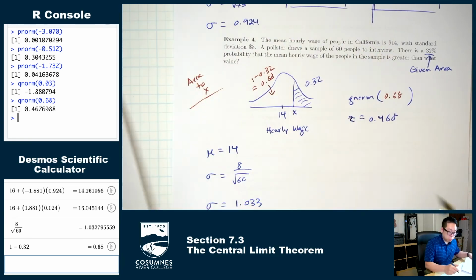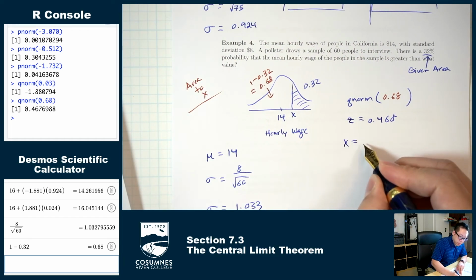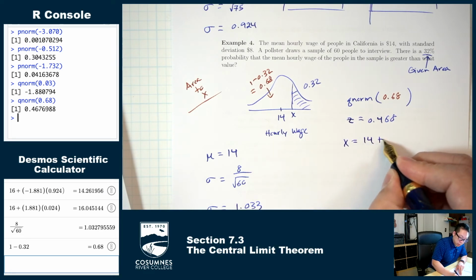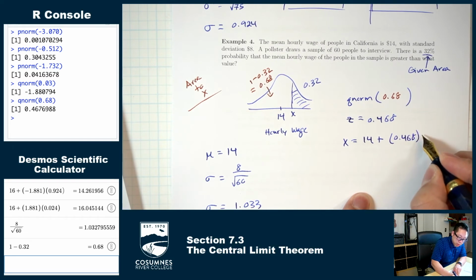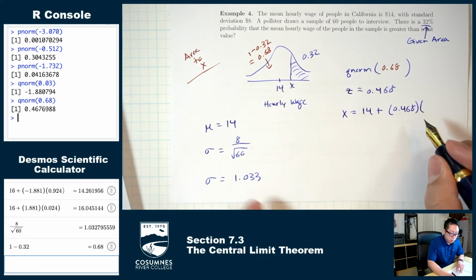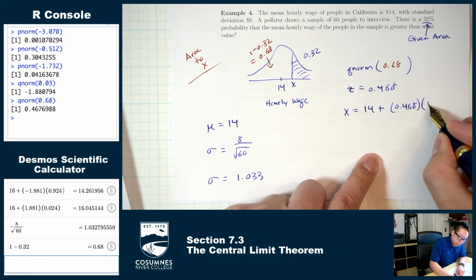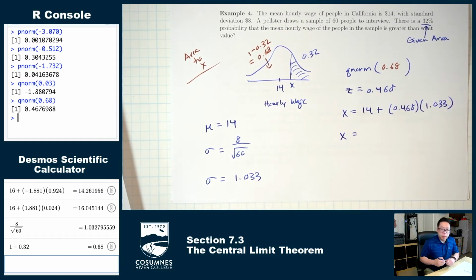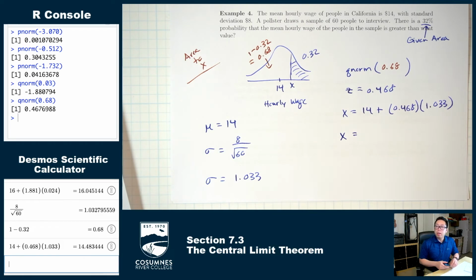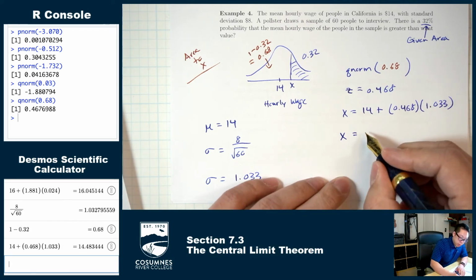So X equals the mean, which is 14, plus the Z, which is the 0.468, times the standard deviation, 1.033. All right, so X here is 14 plus parentheses 0.468 times 1.033, which is 14.483.